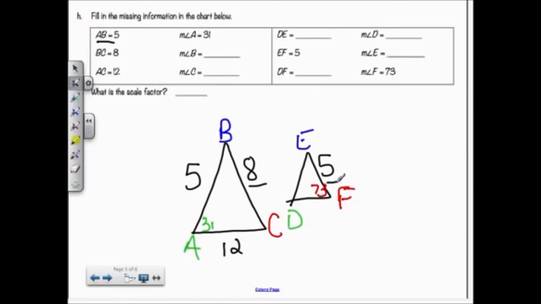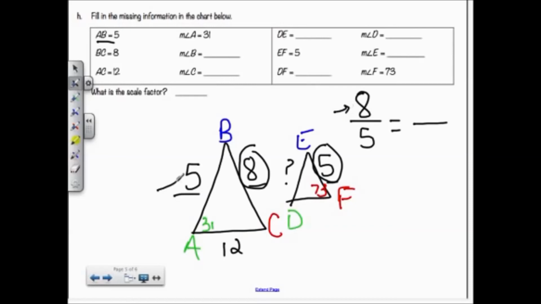So I'm going to create a proportion: 8 over 5 is equal to, over here, I'm going to figure out what DE is. That's equal to 5 over, since I put the 8 first, I'm going to put this 5 second, this side right here, which I don't know, so I'm going to call it X.